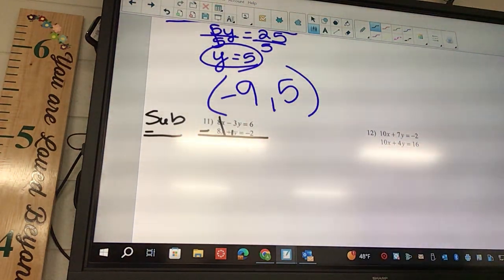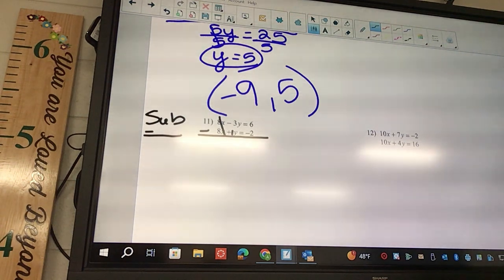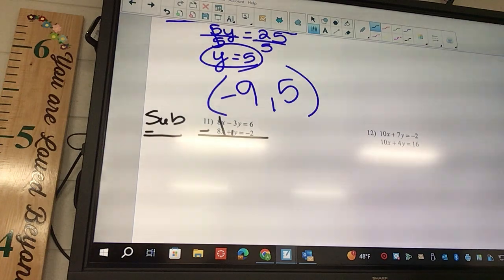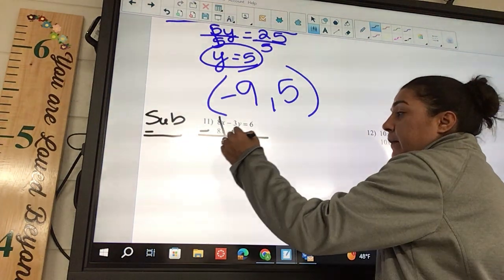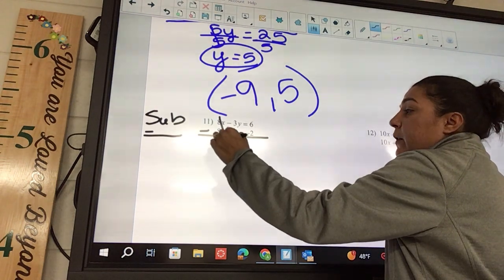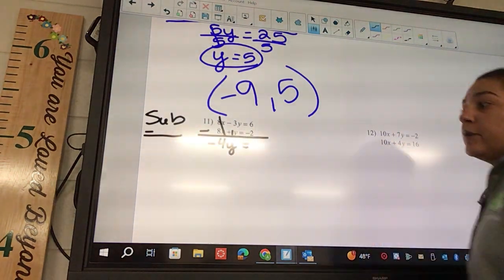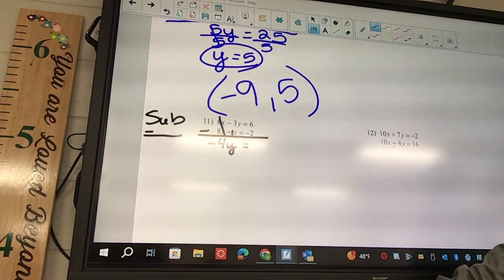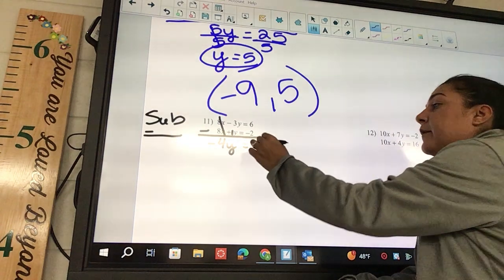Use your calculator. On the subtraction ones, most definitely use your calculator. -3 minus 1 is -4. 6 minus -2 is going to be 8.